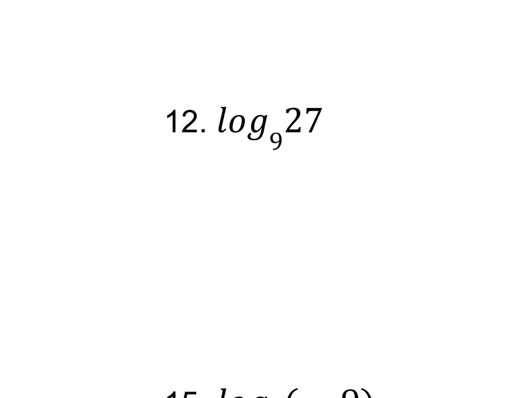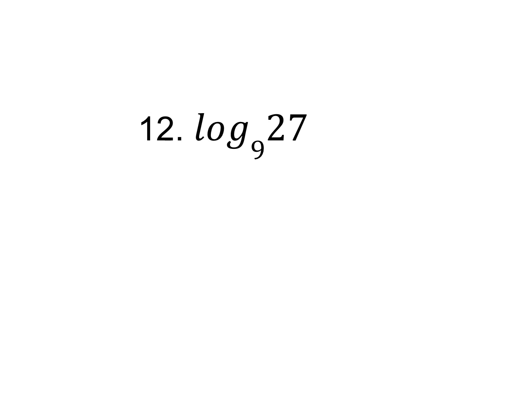Let's do another one. Log base 9 of 27 is equal to x. 9 to the x equals 27. Same type of problem. Can I get 9 to be 27 by raising it to a whole number power? And the answer is no. So then what would it be? 9 to the 1/2 power. Whenever you're doing this, I would always start by square rooting it, because that's going to be a really common thing.